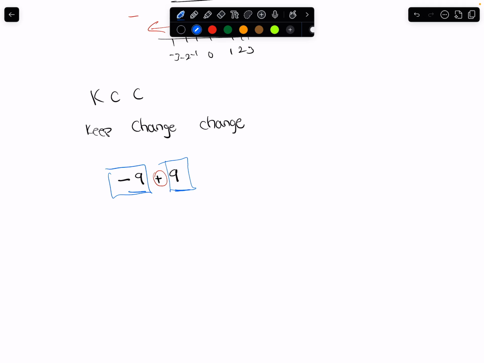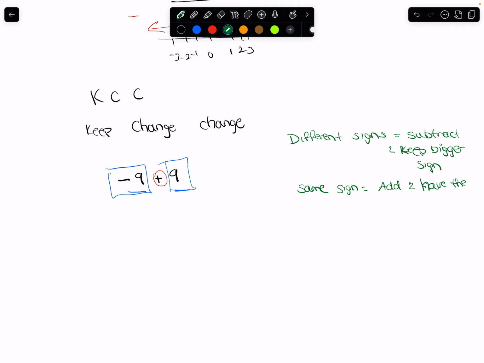If the numbers have different signs, they're going to subtract each other, and they keep the bigger sign. If they are the same sign, they will add and have the same sign.